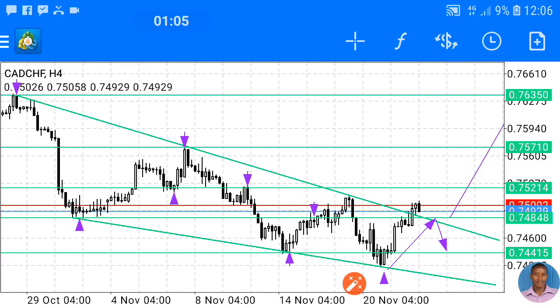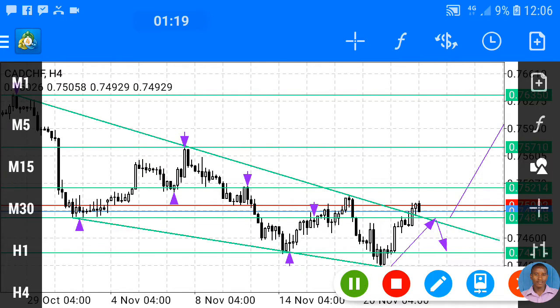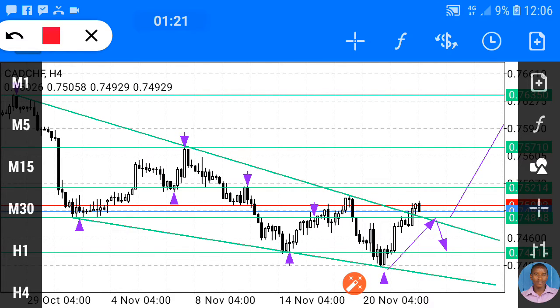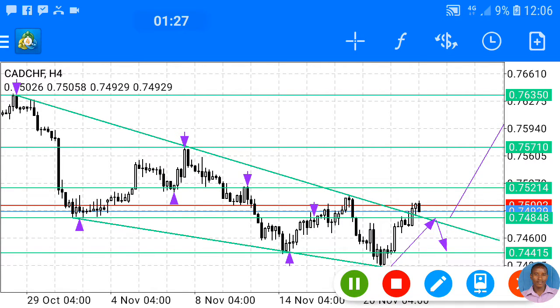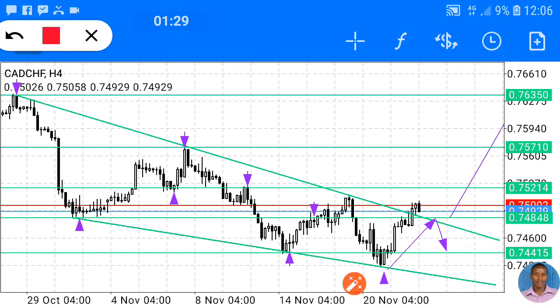and as you can see, it looks like a narrow wedge. The price has been respecting my trend lines. Let me indicate the important areas that I have. As you can see, the price respected this area.